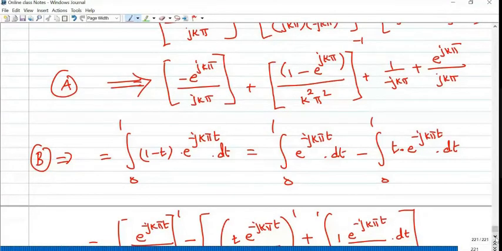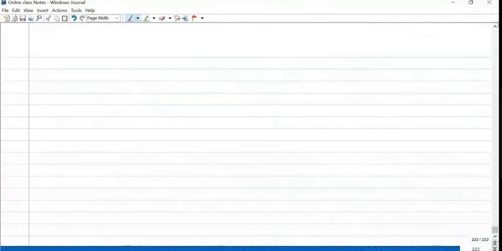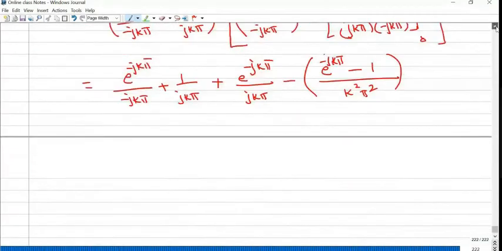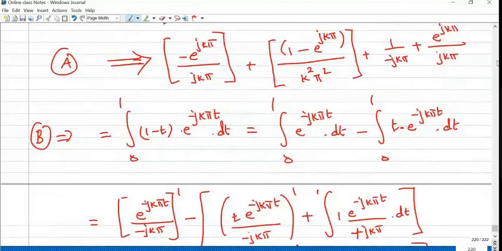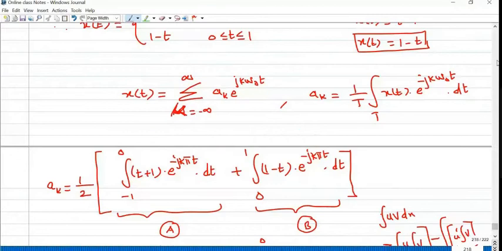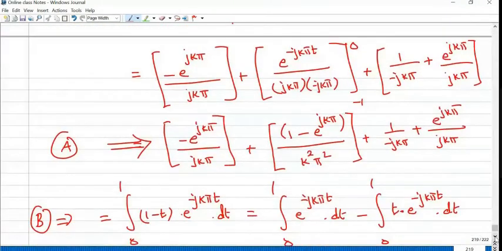Now combine the answer for A and B. So the Fourier series coefficient ak equals 1 by 2, that is available in the previous step. Now we completed the answer for A and B. What is A?